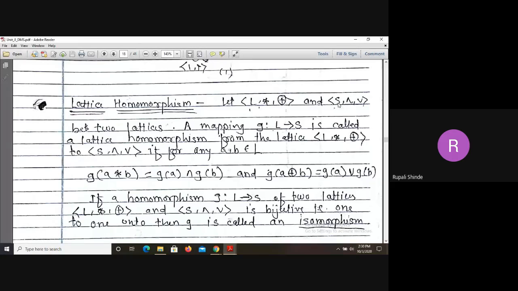And here that second algebraic system is S, AND, OR. That's why if you want to apply this star operation separately, then you have to consider the AND operation. If you want to apply this XOR operation separately, at that time you have to consider the OR operation.